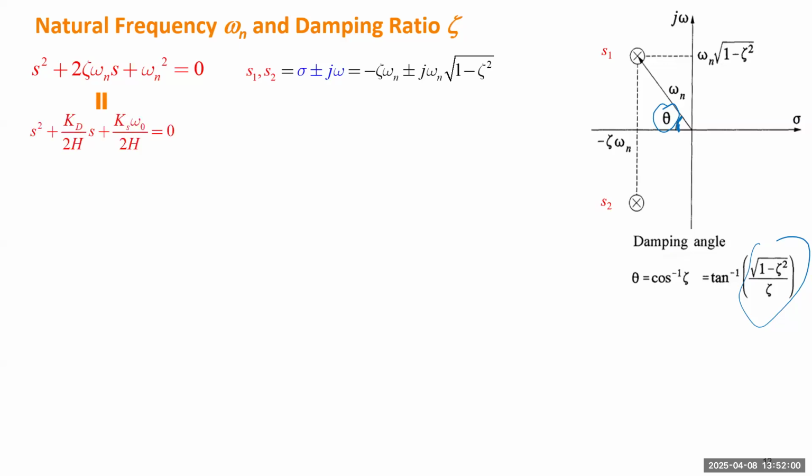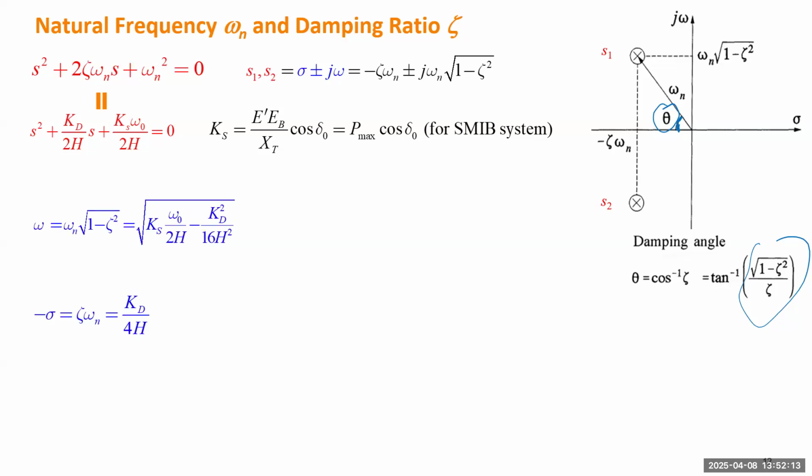If we compare this standard characteristic equation to the equation for the single machine infinite bus system, for that system we know the synchronizing coefficient can be calculated by this one, and we define omega as the observed oscillation frequency. We call it negative sigma because if the system has positive damping, sigma needs to be negative.